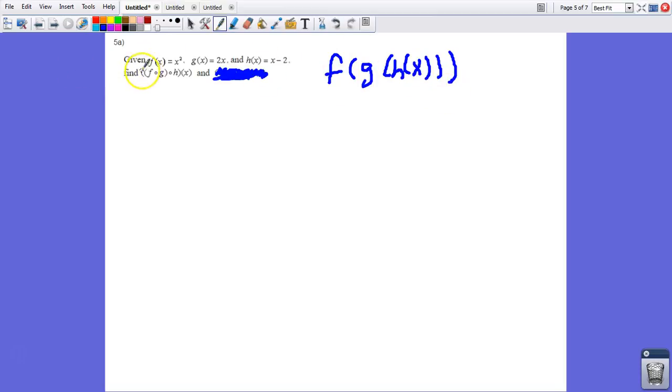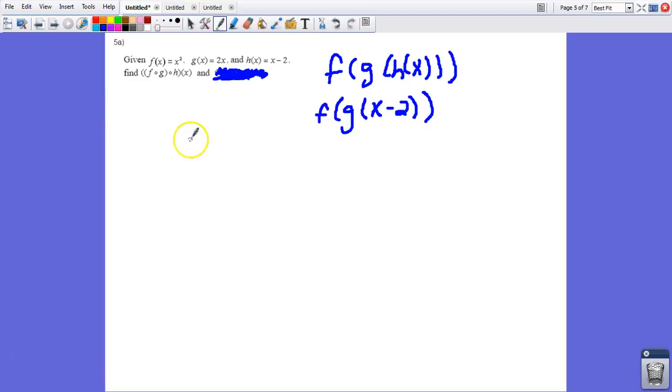Start from the inside out, so this open circle means composition. We start with h of x, okay, which is just x minus 2, right? So f of g of x minus 2, okay? Now I need to find g of x minus 2.